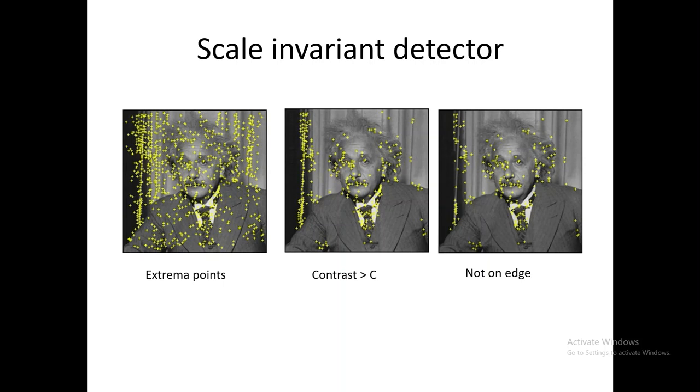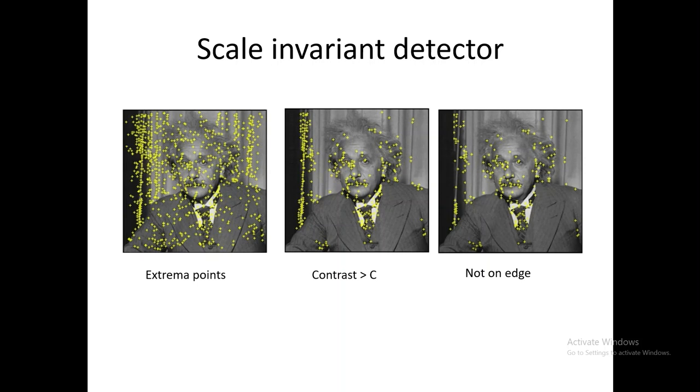And the next thing we need to get rid of is edges. The idea is to calculate two gradients at the key point, and both are perpendicular to each other, which represents the corner. And mathematically, this is achieved by the Hessian matrix.